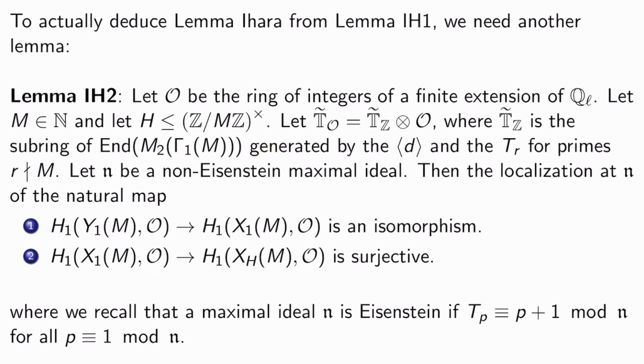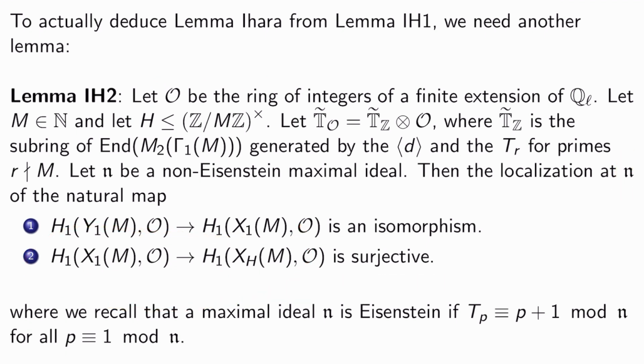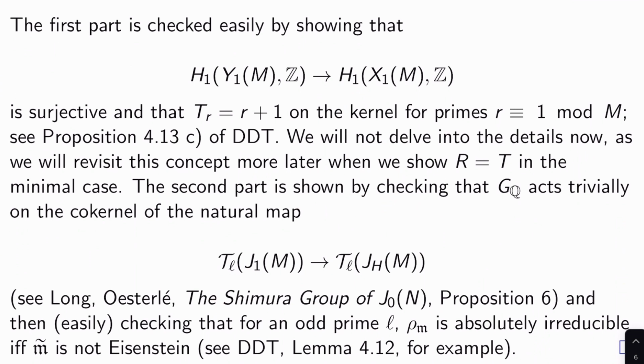We've known that since like chapter 3 of these notes. This natural map, after localizing at frac n, is a surjection. Okay, let's just recall, what does it mean for a maximal ideal frac n to be Eisenstein? It just means that the T_p Hecke operator is p plus 1 mod frac n for all p that are 1 mod frac n.